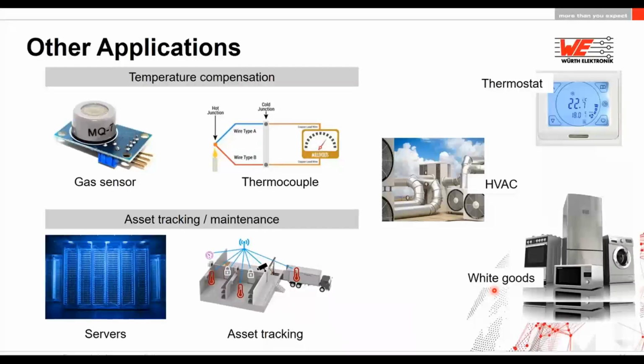In the house, the thermostat, where we are having more and more digital devices to control the temperature of the house, and of course white goods, refrigerators, and microwaves need temperature sensors to work at a certain temperature. And all these sensors nowadays require a digital sensor that can be implemented very easily and very quickly.